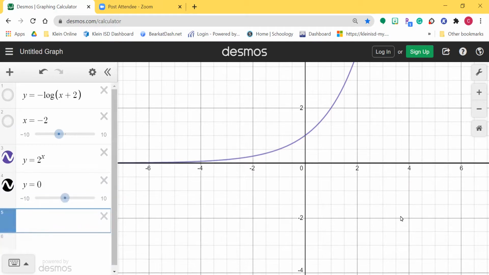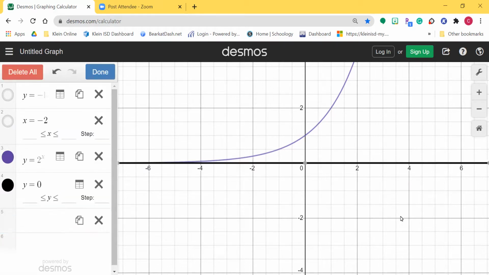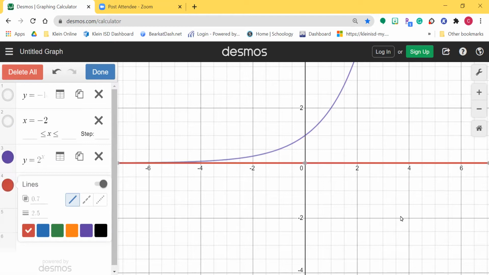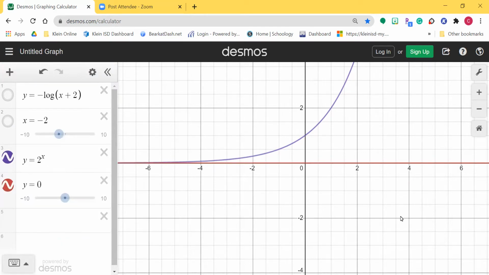All right, so do you see I have a purple graph and I have a thick dark black line. I can change that black line so that you can see it. How about red? Does that work better? Okay. So the purple is my exponential graph. The red is what's called my asymptote, the line that my graph's going to get super close to, but it's never actually going to touch.